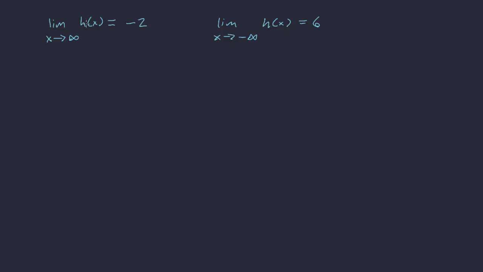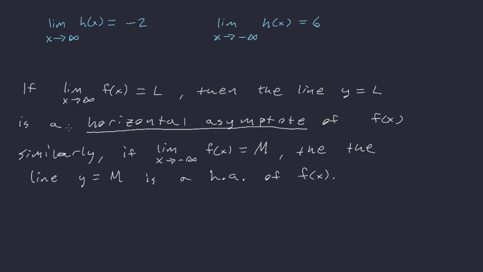Calling that function h of x, we could write this as the limit as x goes to infinity of h of x is negative 2, and the limit as x goes to negative infinity of h of x is 6. As we talked about in the last lesson about vertical asymptotes, these limits at infinity give us horizontal asymptotes.